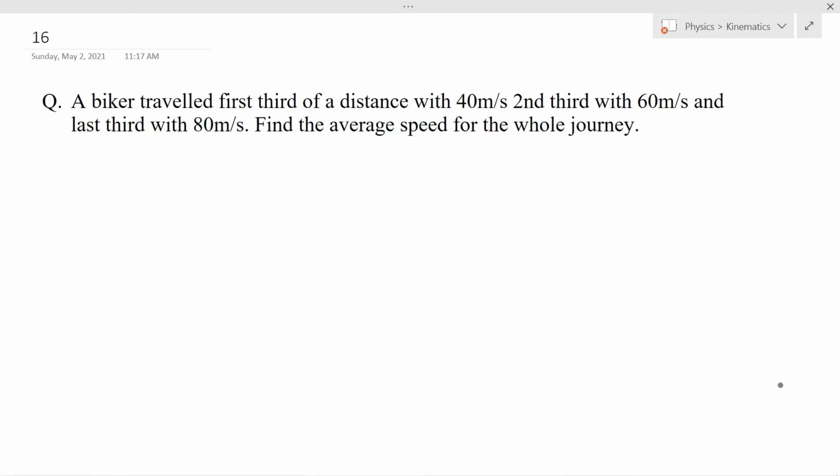A biker traveled the first third of a distance with 40 meter per second, the second third with 60 meter per second, and the last third with 80 meter per second. Find the average speed for the whole journey. So here in this problem, let's say the total distance is s, and the distance is divided into 3 parts.